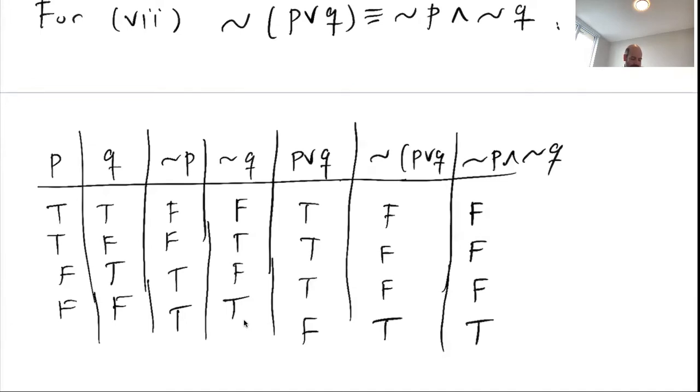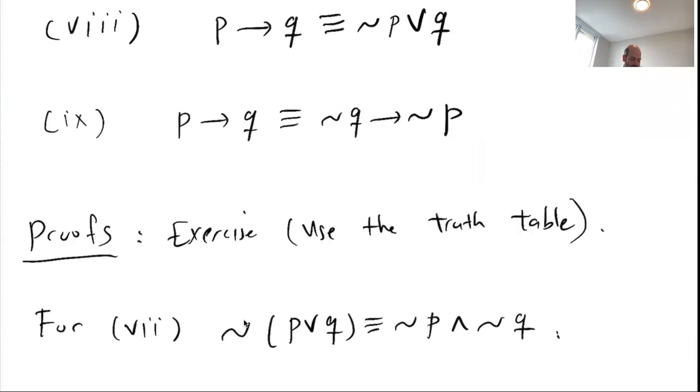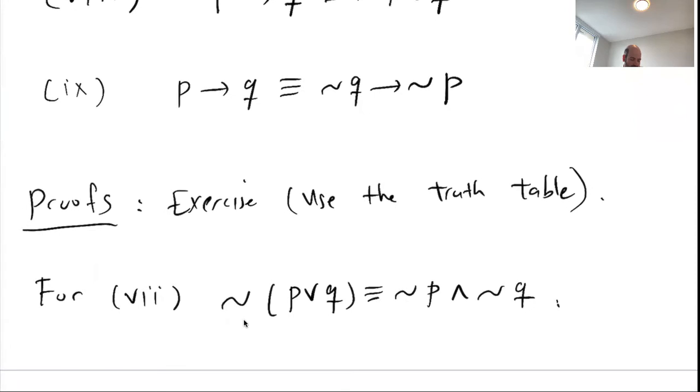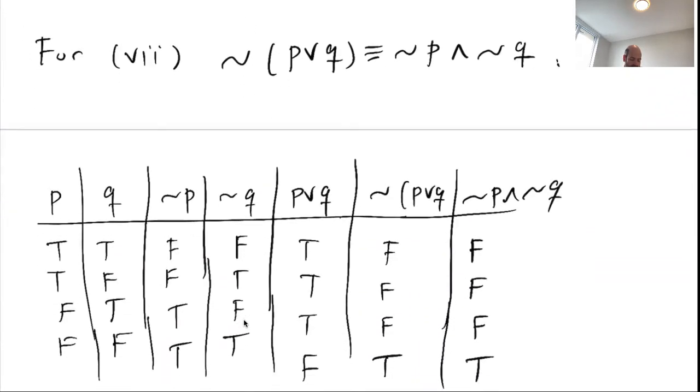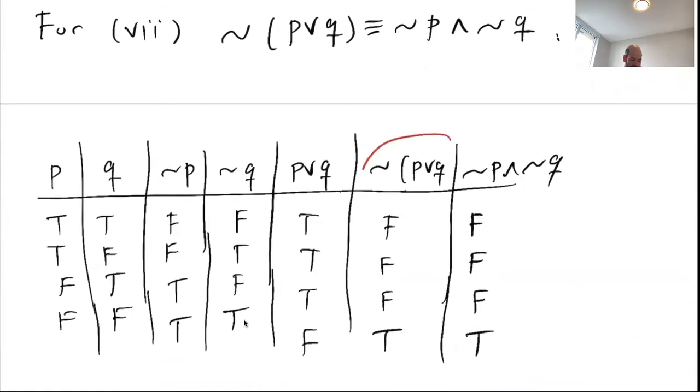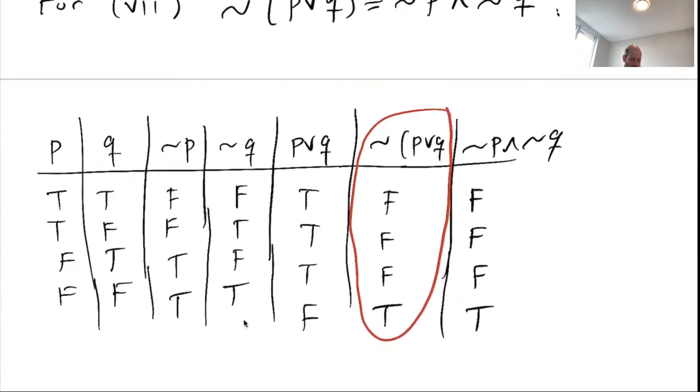Now let's look at this column. So again, what is the goal here? I'm proving this identity: negation of P or Q is logically equivalent with negation P and negation Q. So negation of P or Q means this column. I have to compare it with this column.